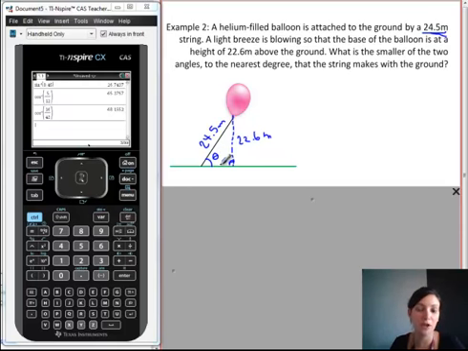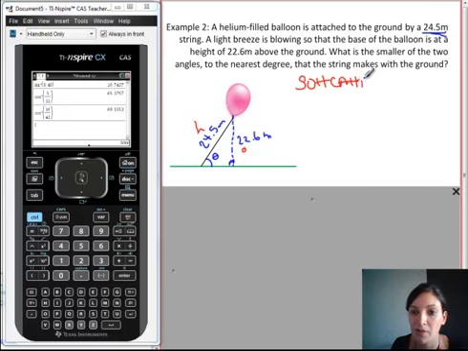Okay, so now we've drawn our diagram and we just have a simple right angle triangle problem like we're used to. So first step is we're going to label our sides. Okay, so we've got the hypotenuse here, our longest side across from the right angle. And because we've got theta that we're trying to solve for, this side is the opposite side, so it's opposite theta. So the ratio we want to use, so I'll write in SOHCAHTOA for us.